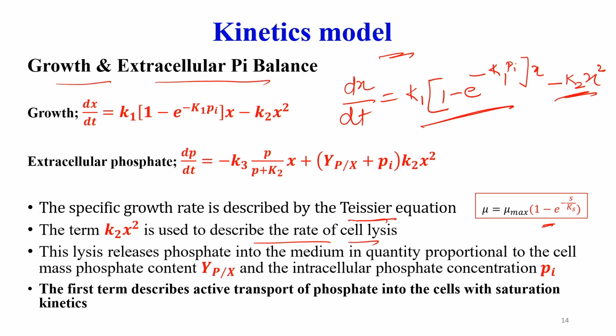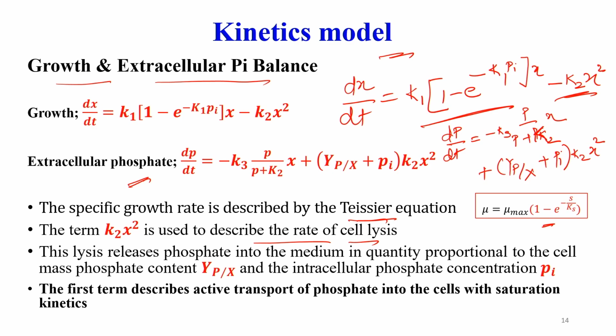So, we are saying there is growth as well as cell lysis, and when we see the extracellular phosphate concentration, dP/dt equals minus k3 P upon P plus capital K2, times X, plus Yp/x plus Pi times k2 into X square.